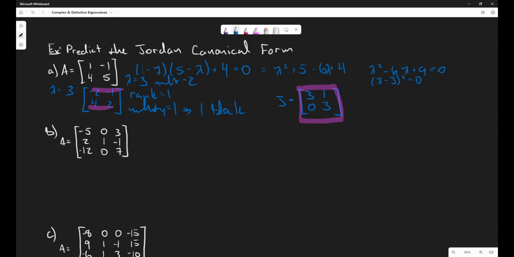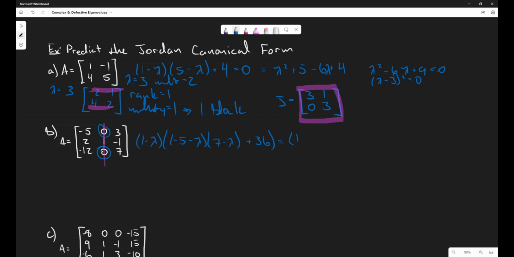The next example is a 3 by 3 matrix. The good thing is that we have a 0 here, which makes our lives easier, so we can just go along this vertical column. Our characteristic equation will be 1 minus lambda multiplied by -5 minus lambda times 7 minus lambda, plus 36.